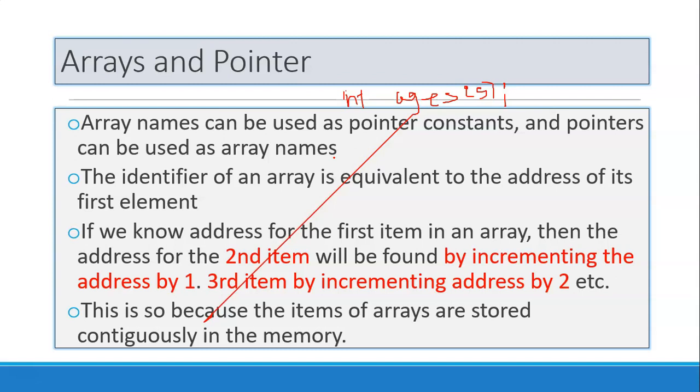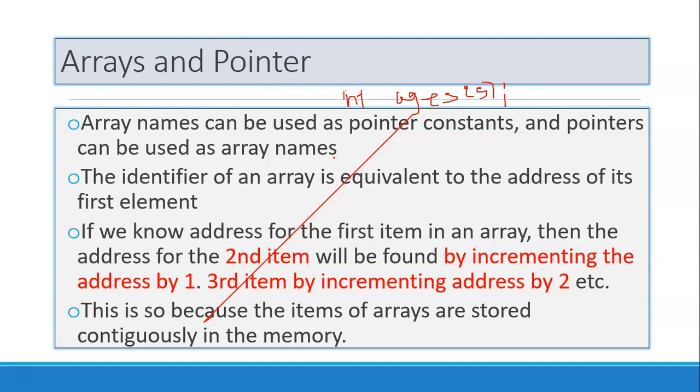So using the array name, we can access the rest of the elements, because the name of the array is taking us to the first element. And using pointer arithmetic, we can move from the first address to the second address using +1, for example. So we can access the address of the second element by just adding 1.